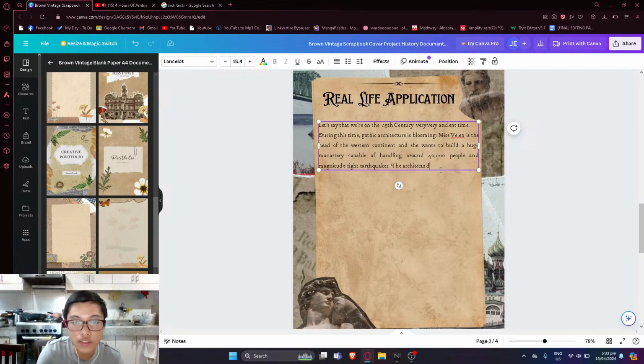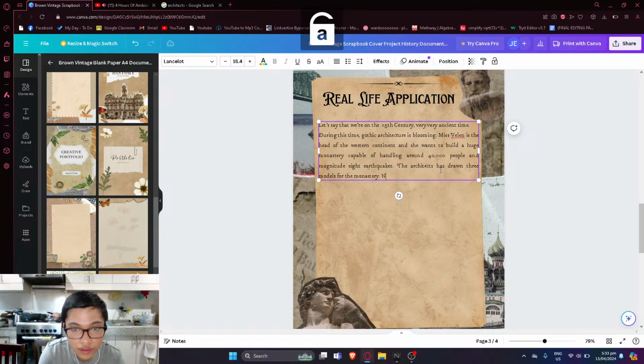The architects have drawn three models for the monastery. Now they gave it to the engineers, and the engineers were shocked.